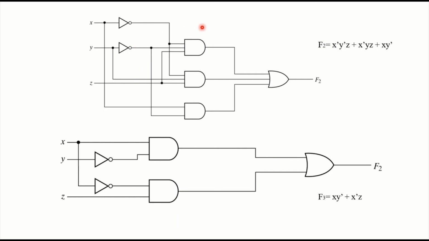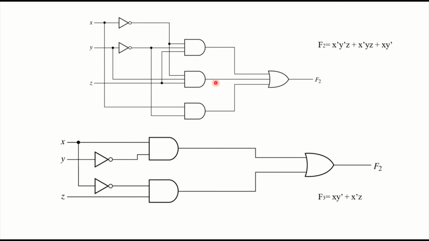So for the first three input AND gate, here we are having X bar, here we are having Y bar, here we are having Z. So at the output of this AND gate, we are getting X bar Y bar Z.